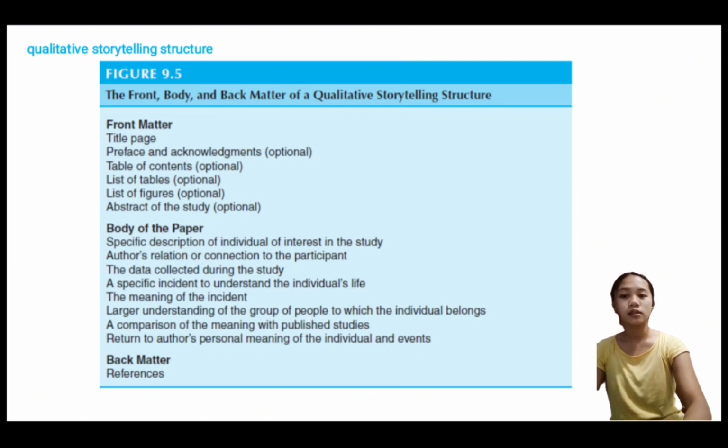Basically, it focuses on interpreting narratives from a study group's personal stories using first-person narrative. Data is acquired and organized to allow the researcher to understand how individuals experience something.